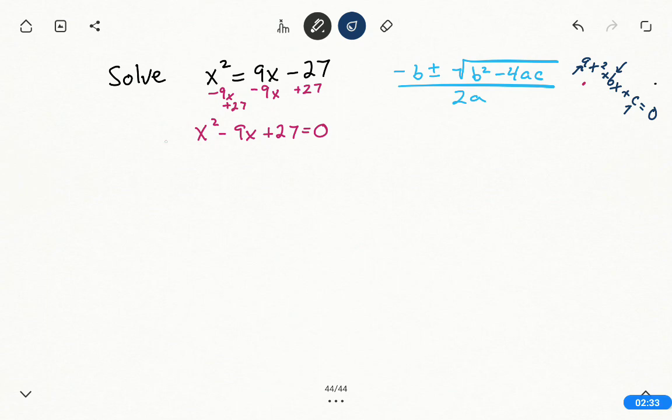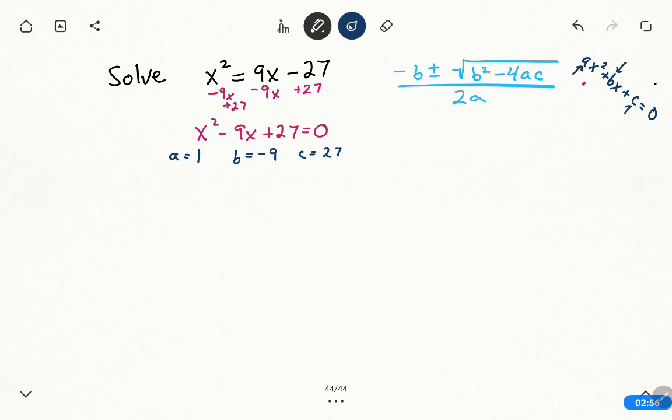So a is always the coefficient with x squared. In this case, there is no visible coefficient, so it's implied to be 1. B is always connected to x, in this case, negative 9, and C is connected to no variable, it's by itself, so in this case, it's 27.